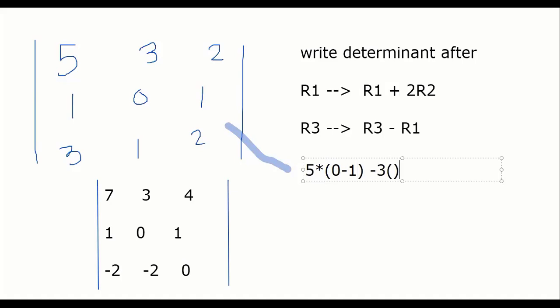Minus 3, because of the cofactor sign. 2 minus 3. Agree? Plus 2, 1 minus 0, sorry. Agree? 5, 0 minus 1, correct. Minus 3, 2 minus 3, correct. Plus 2, 1 minus 0.